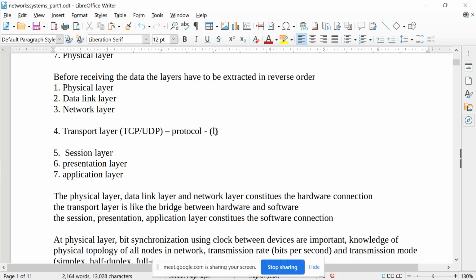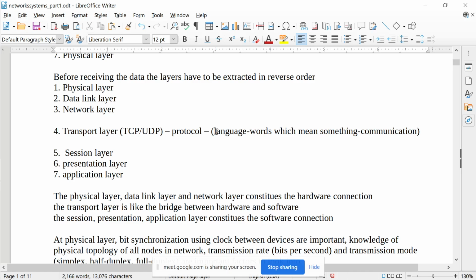Protocol is like any language, right? In any language you have words which mean something. Ultimately it is a way to communicate. In our verbal language, we have so many languages.